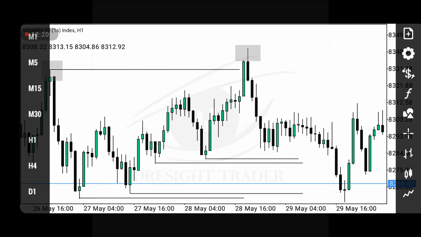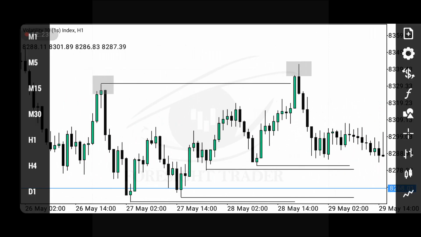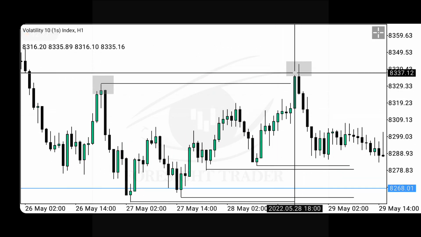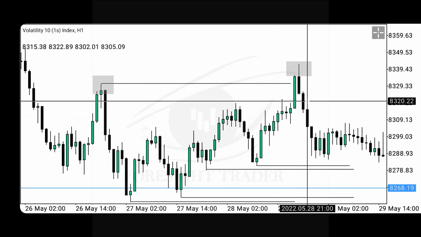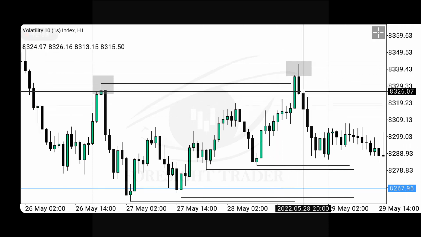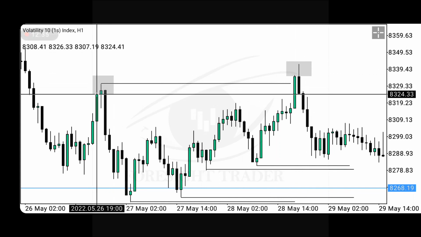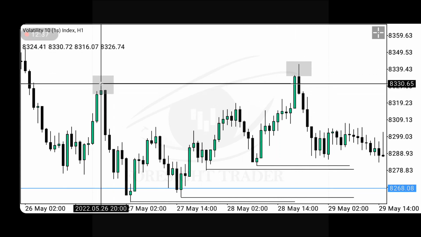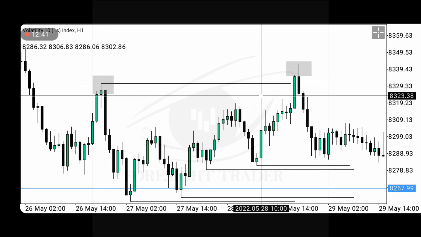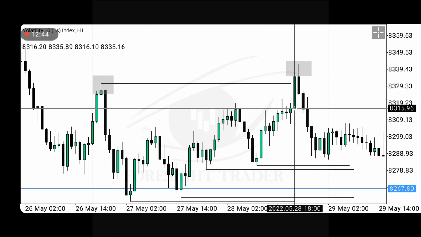Now after price grabbed the liquidity from the upside and the downside, you know that the initial move they made, which was the fake move, would be their point of interest. Let's just assume that when the market was approaching this point of liquidity, this swing high, they bought from this impulsive candle.